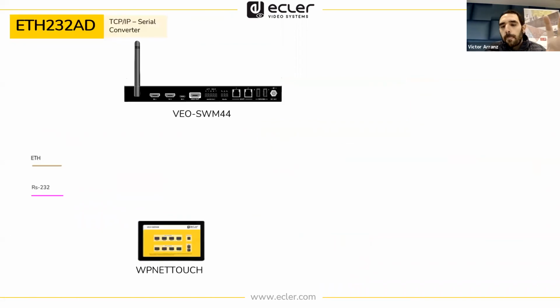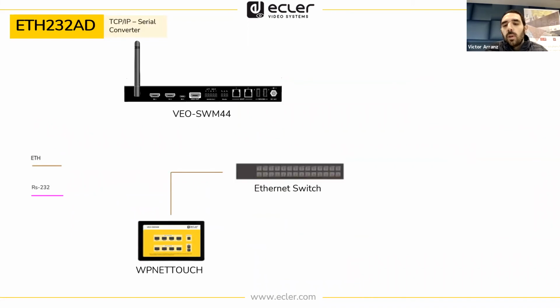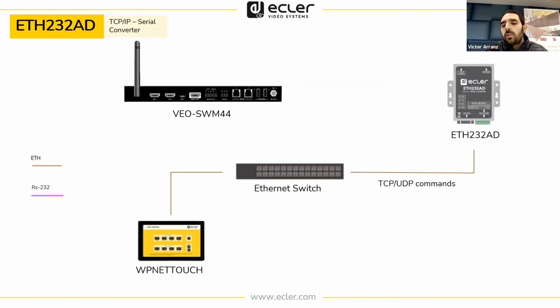So when you click a button on your control element, it will send the TCP command directly to the ETH232 interface, and it will convert it to RS-232 serial commands that this switcher understands.